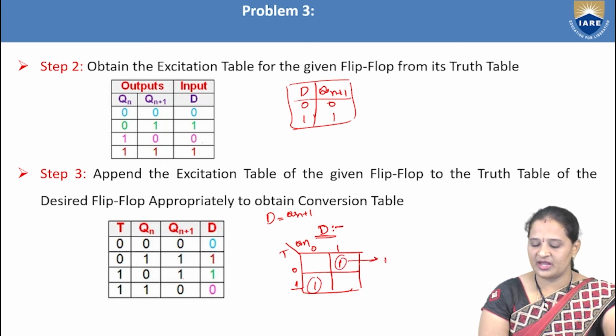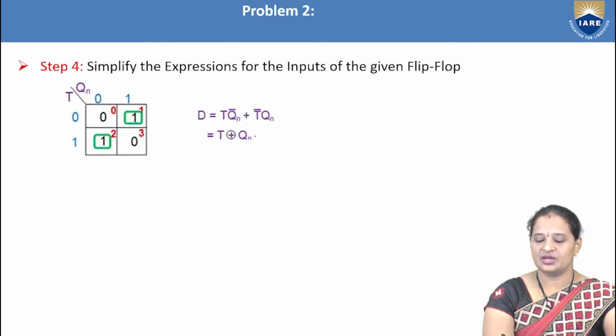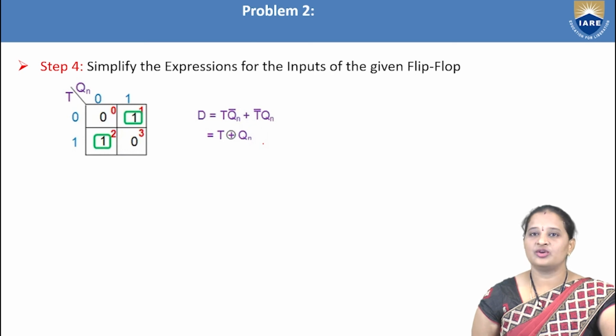So this can be written as T bar QN, and this can be written as T QN bar, right? So the expression is T QN bar plus T bar QN, and this is just like an XOR gate, A bar B plus A B bar. It is in the same fashion. So that is why D is equal to T XOR QN.